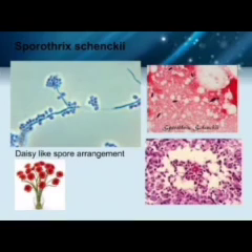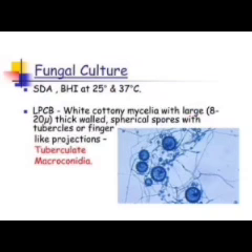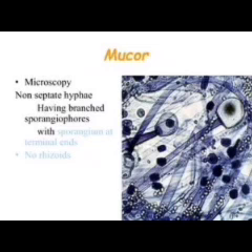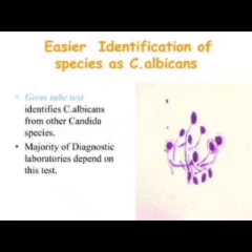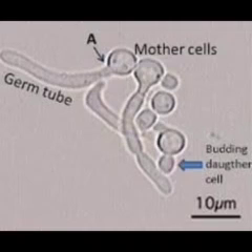Broad-based budding is the commonest thing in Blastomyces dermatitidis as well as in Coccidioides immitis. Spherules are there in Coccidioides, with endospores. Spherules, immature spherules are classical features. All those things are classical. Then you have Prototheca.